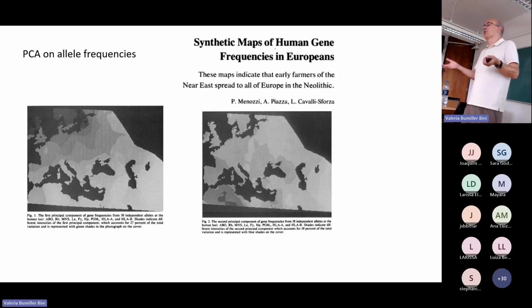When you see a topographic map, the points that are at the same altitude above sea level are joined by a contour line. It's the same here, since they had samples all over Europe. The darker versus the lighter colors represent the values of the first principal component, and that would be the second principal component.